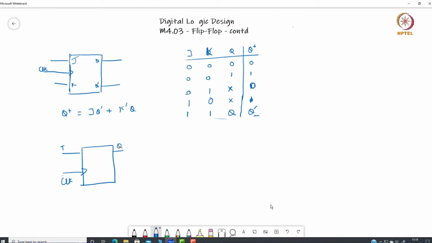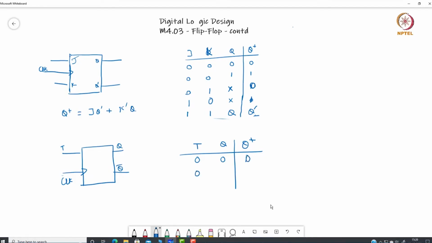This is Q and this is Q bar. Now in case of a T flip-flop, if T is 0, then whatever is the previous value of Q, the next state is going to be the same.